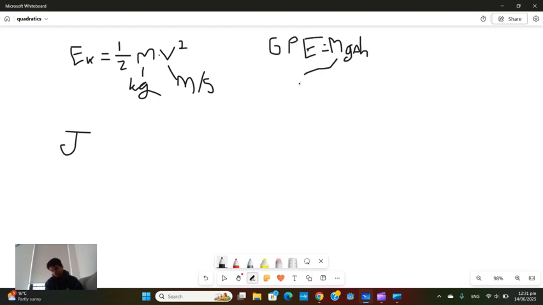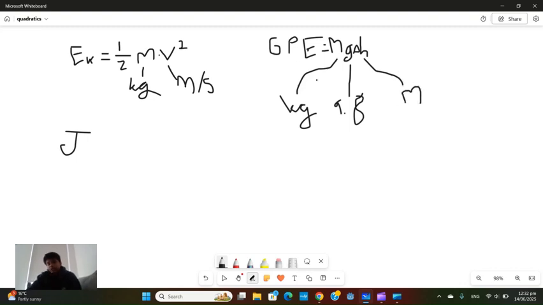So mass in kg, gravitational field strength: if it doesn't state in the question, it's going to be 9.8 meters per second squared, but it might say it's 10, or it might say we're on another planet, so it's 15. And height is in meters. That gives you GPE measured in joules.